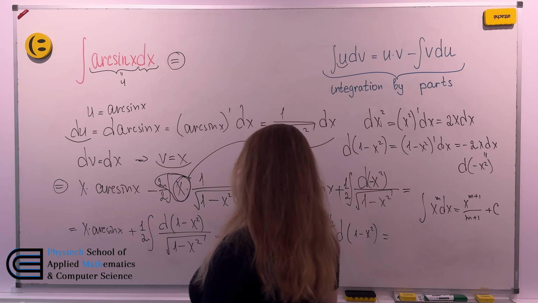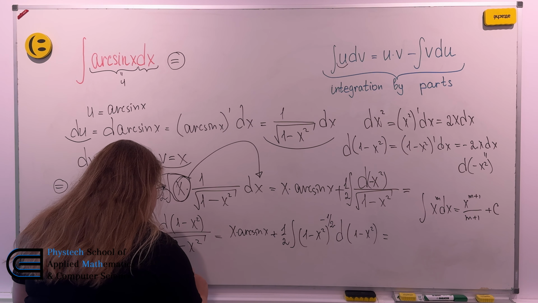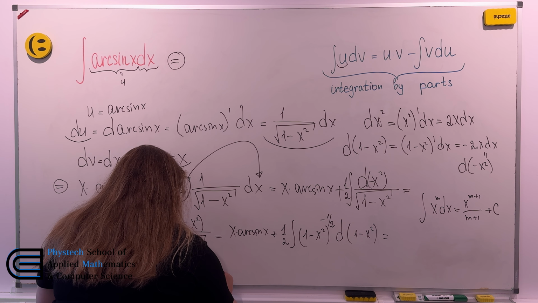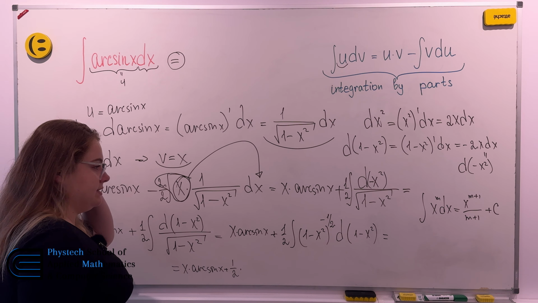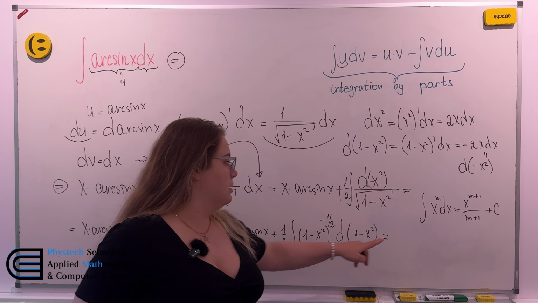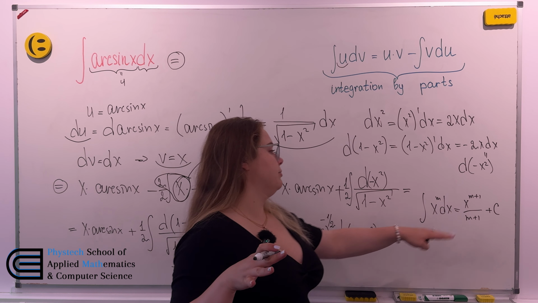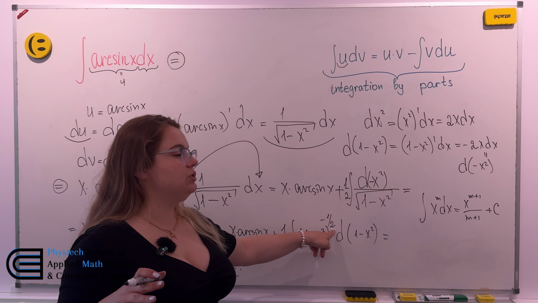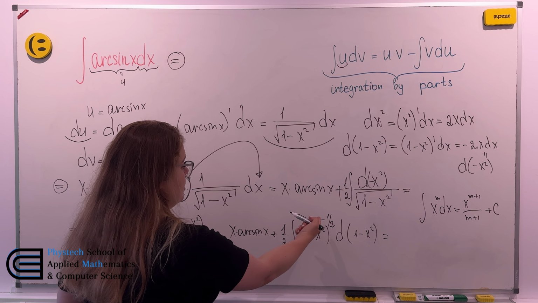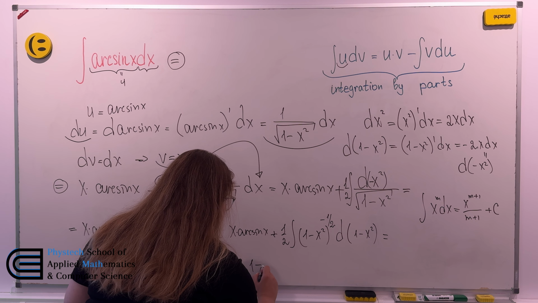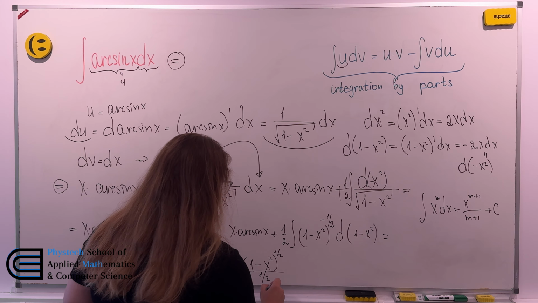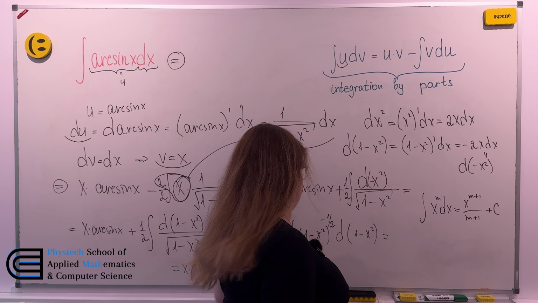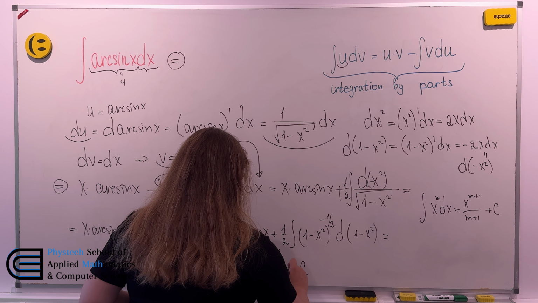And we will obtain x multiplied by arcsin of x plus 1 divided by 2 multiplied by, here we have m plus 1, so minus 1 divided by 2 plus 1 gives us 1 divided by 2, 1 minus x squared to the power of 1 divided by 2, and here will be 1 divided by 2, plus constant.